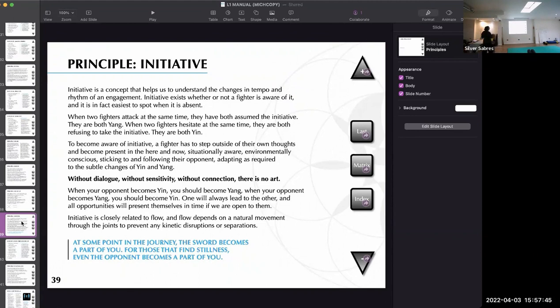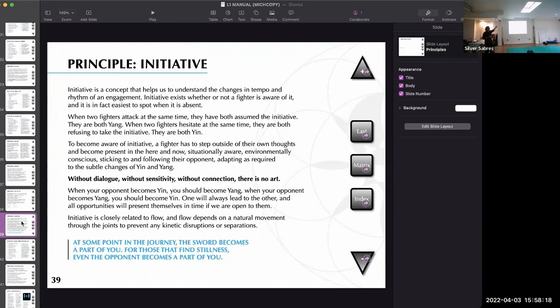To become aware of initiative, a fighter has to step outside of their own thoughts and become present in the here and now, situationally aware, environmentally conscious, sticking to and following their opponent, adapting as required to the subtle changes of yin and yang. And you can see that this is not possible if Master Ma's 5 maxims are not being followed. All you are left with are two dogs trying to see who can bark the loudest.